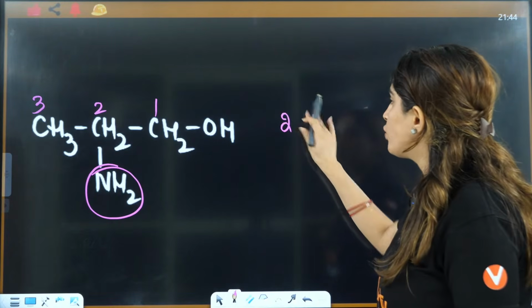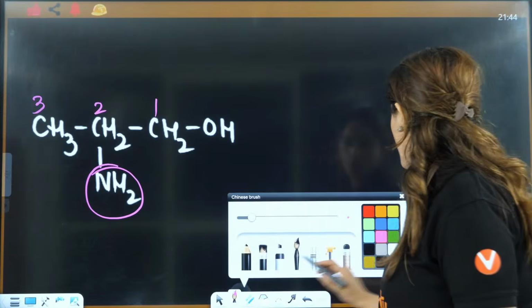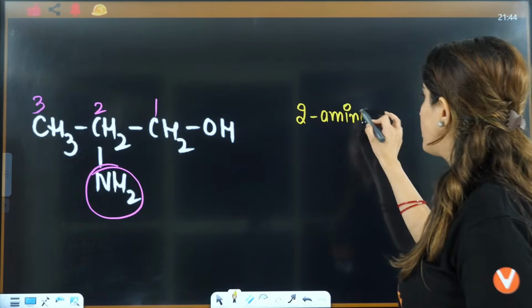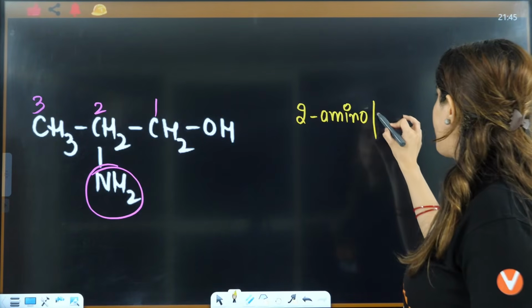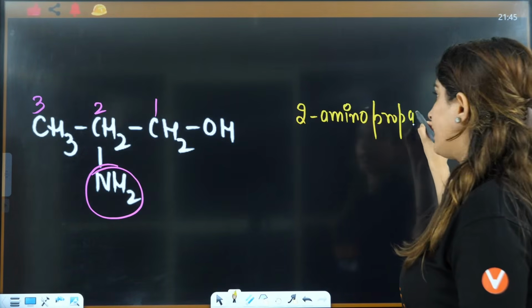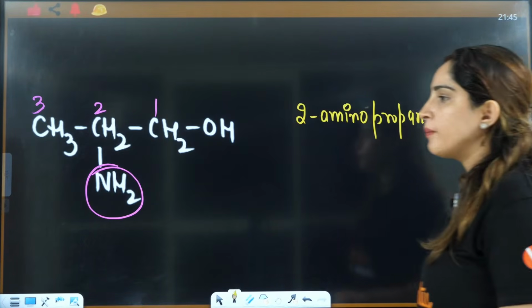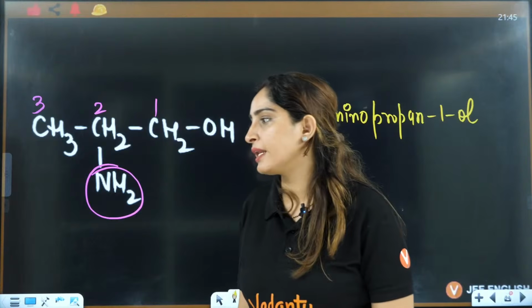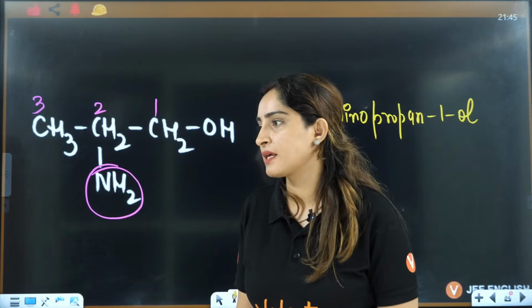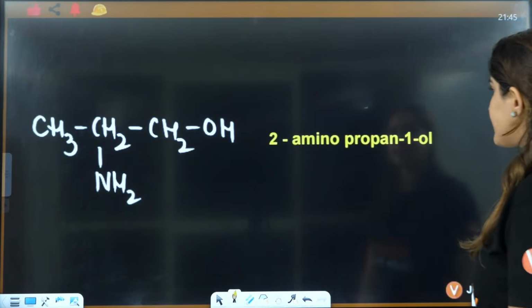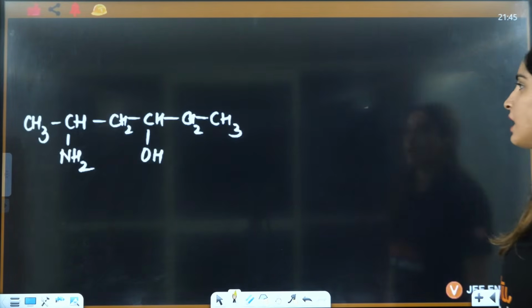So this will be 2 amino. 2 amino propane 1-ol. Right? Okay. Got it?